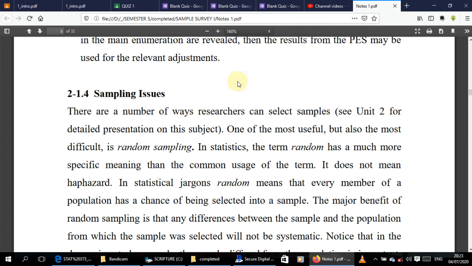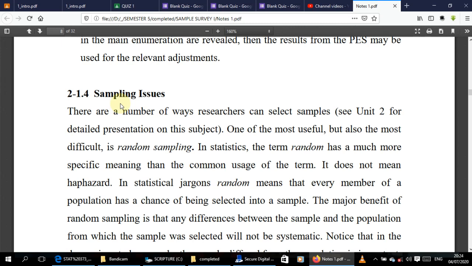So there are a number of ways researchers can select samples. Now we are delving into surveys. So you want to do a survey, you would have to take a sample, isn't it? You have to take a sample because if you are to take the whole population in your survey, there are a lot of challenges that you face, because even the cost of making a questionnaire is not something easy to bear.